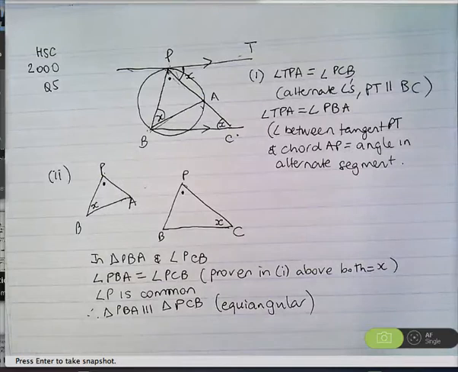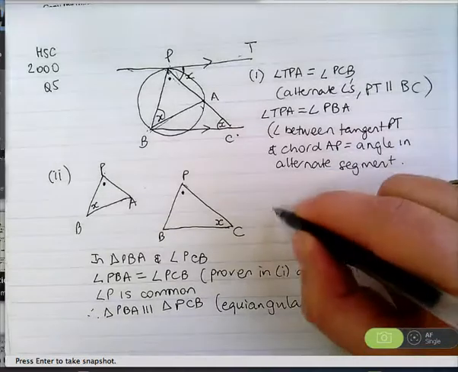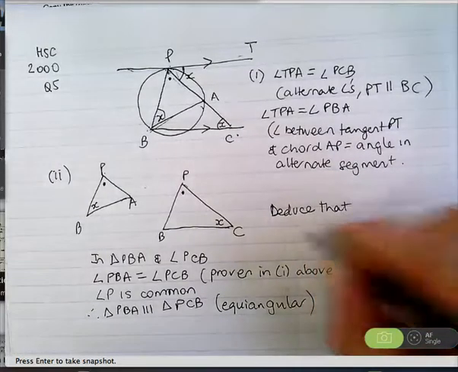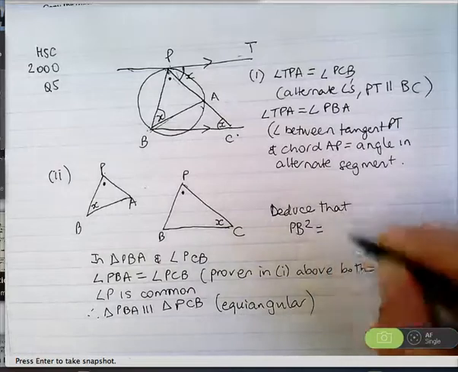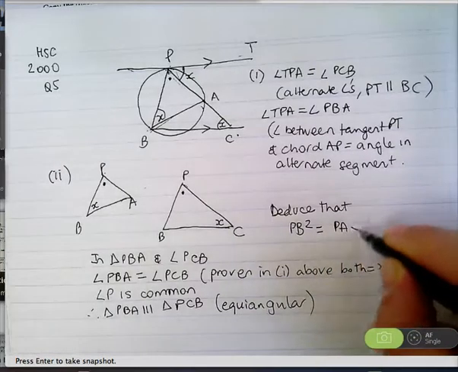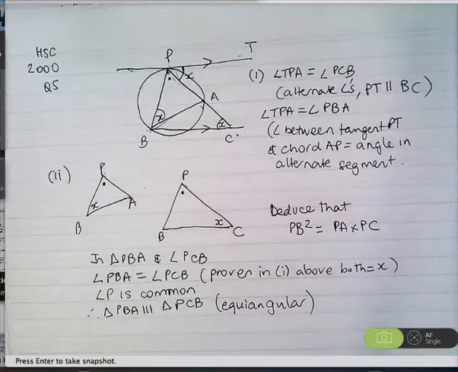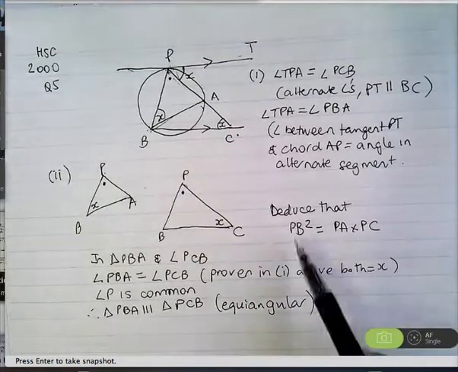So now that we know that those 2 triangles are similar, we can set up our ratio. Again, we're trying to deduce that PB squared is equal to PA times PC. So make sure that when we do our ratios between the triangles that we're using only those sides.